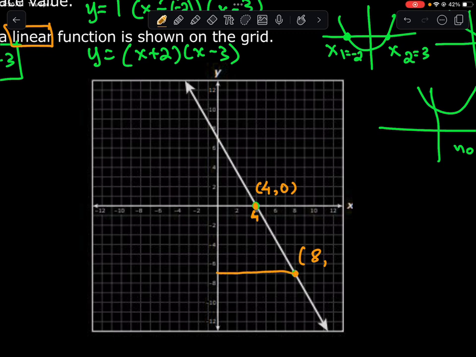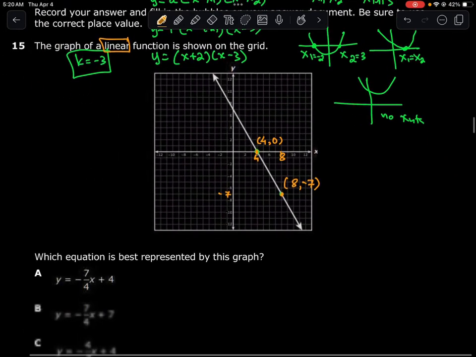And the y-coordinate you find if you project on the y-axis, looks like it's -7. So I have 8 and -7. So I have 2 points. That's good. That means I can find the equation for the line.